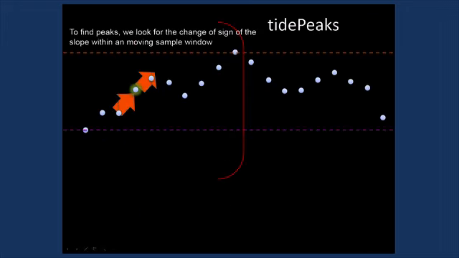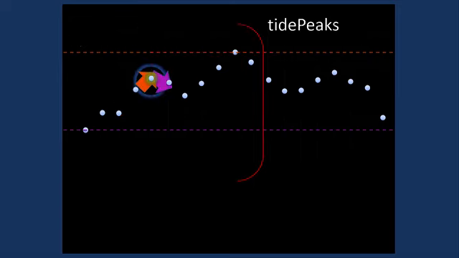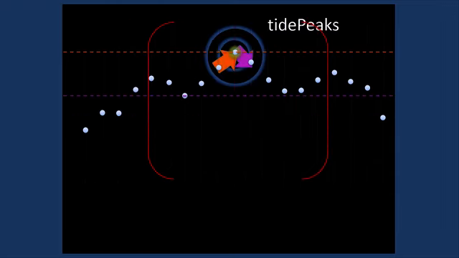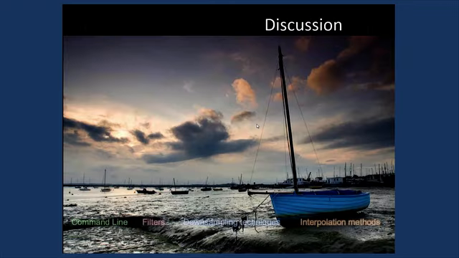Now we're going to take a look at how we do the peaks. The way we do peak analysis is we look to see where the slope changes from up to down, within a certain frame. And there's our little red frame moving along with us. The tricky part of setting this up is finding a frame width that allows us to have peaks and determine them from noise.